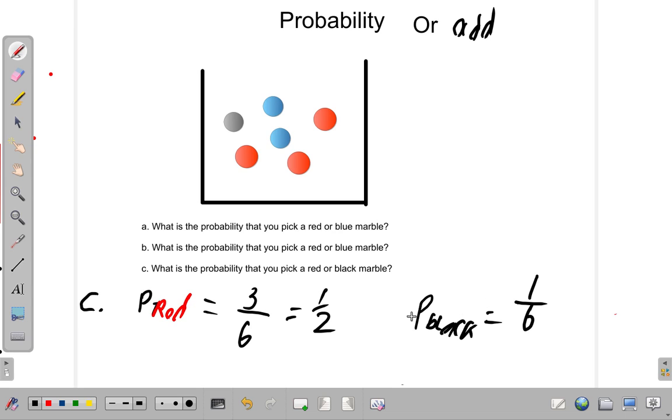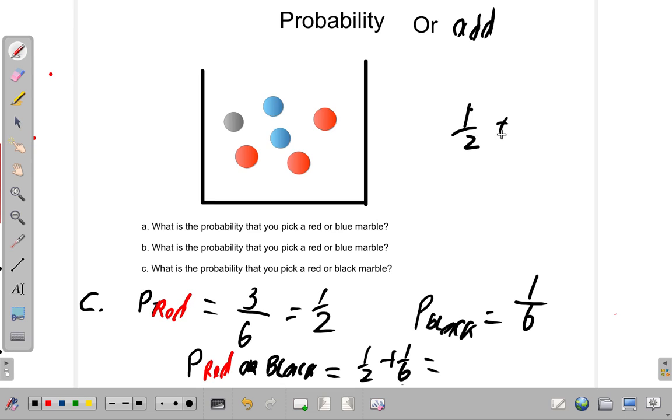So you either pick a red or a black. The probability that the marble you pick is either a red or a black is going to be the addition of these two figures, a half plus 1/6, alright, equals, we have to go back to our fractions again.